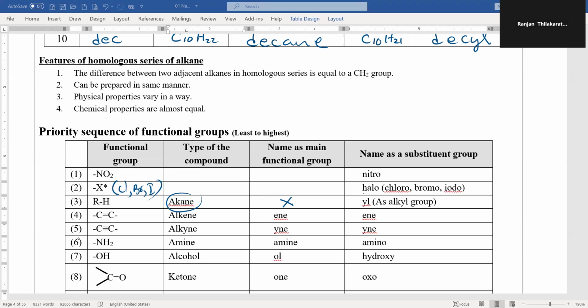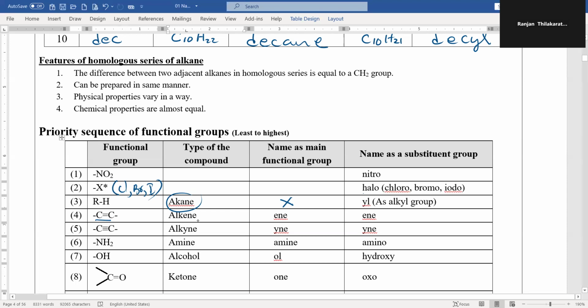Then this one having two carbon and the double bond, we call the alkene.